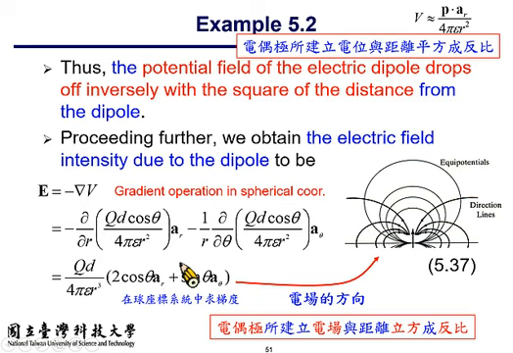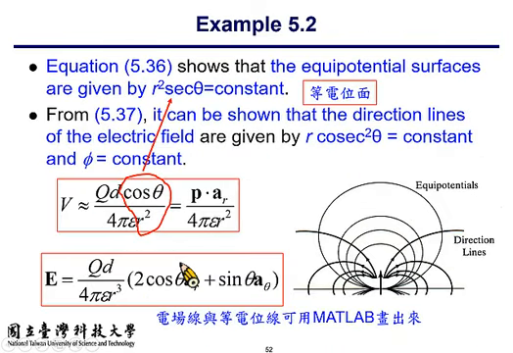Alright, and those lines can be drawn using, if you are familiar with MATLAB, you can draw those lines yourself using MATLAB code. And so E is the electrical field intensity lines. They are vectors starting from positive charge and ending at negative charge.